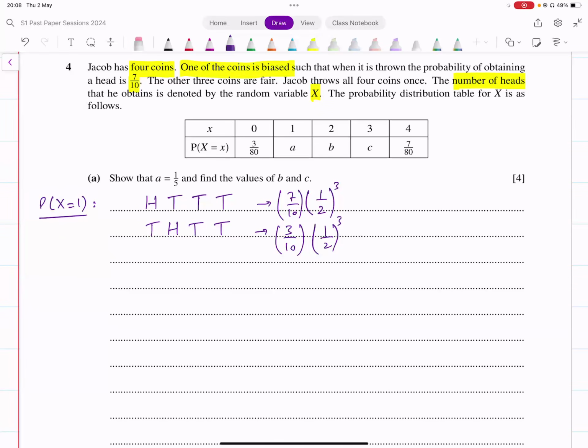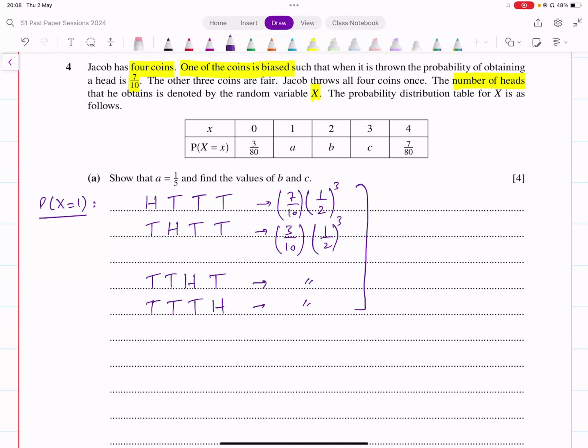And if you think about it, you're going to get the same result from TTHT as well, and also TTTH. All of them are going to give you the same result as the one that we had for the last case. You can add these cases together and you would get the result. Okay, you can see what this turns out to be.